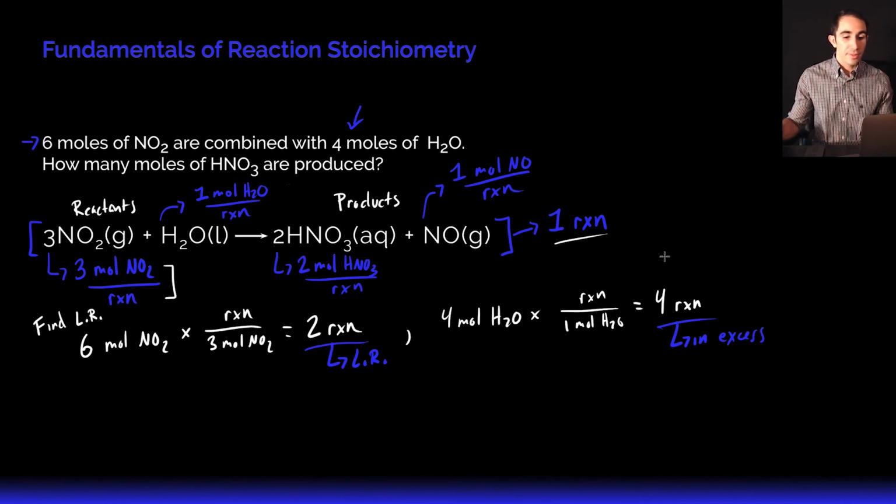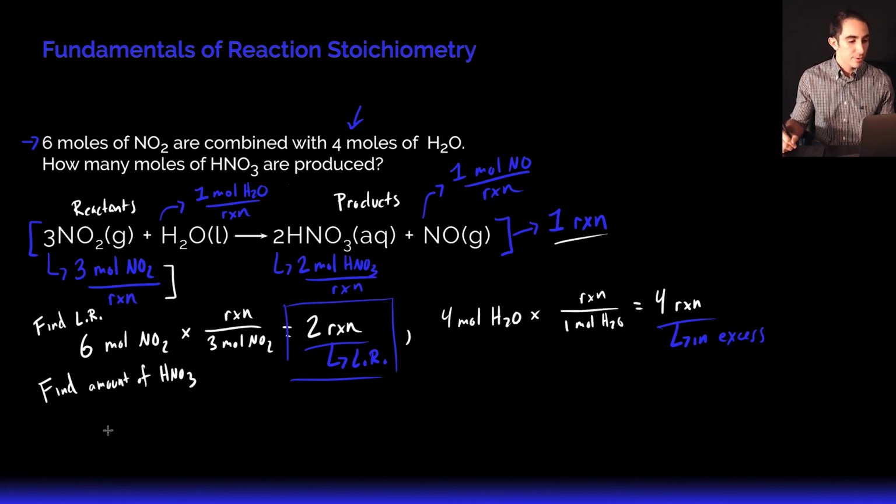And so this 4 really becomes irrelevant for the rest of the problem. This 2 reactions is the amount of reactions that I can actually run with the amount that I have. And so the last step here to get to my answer is find the amount of HNO3, which is really what the question is asking for.